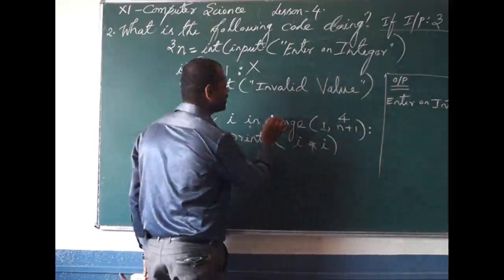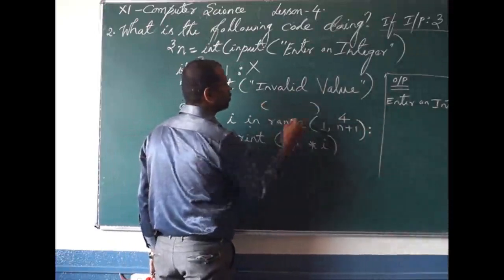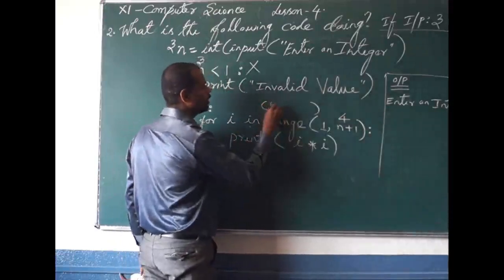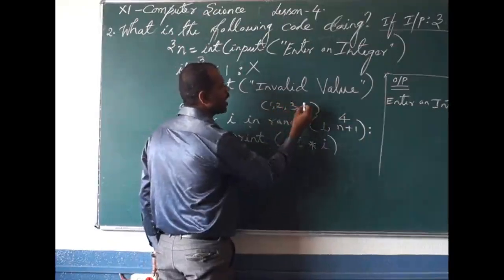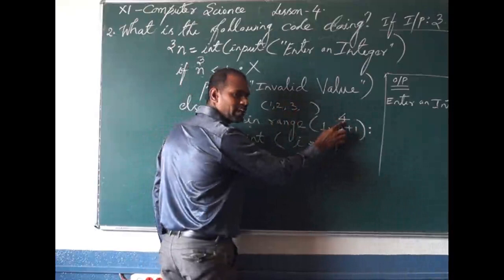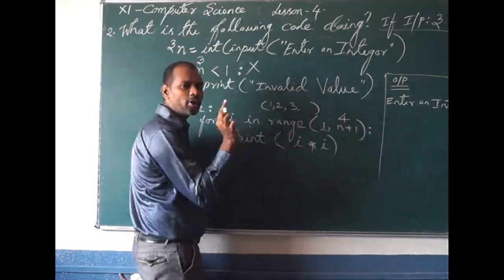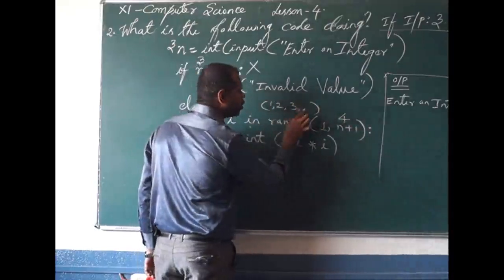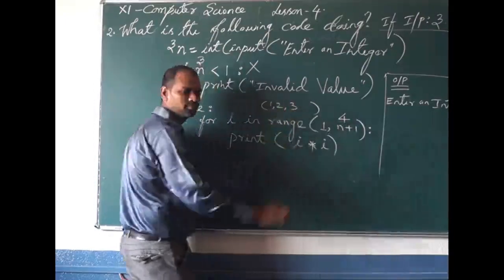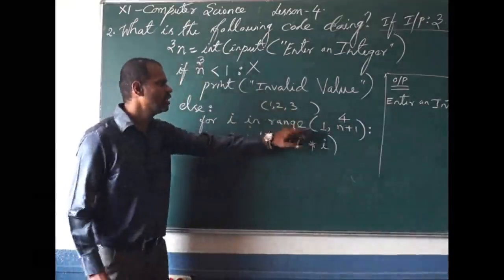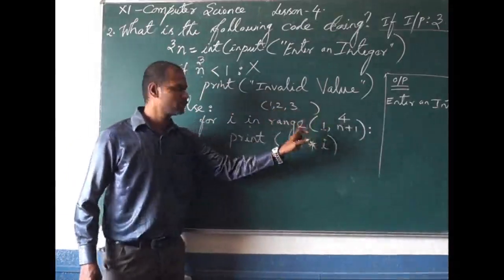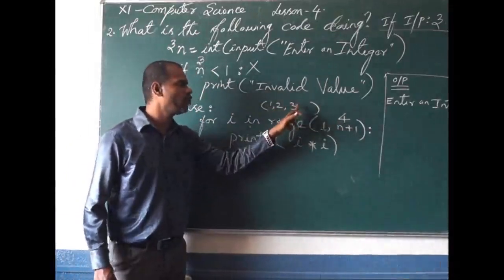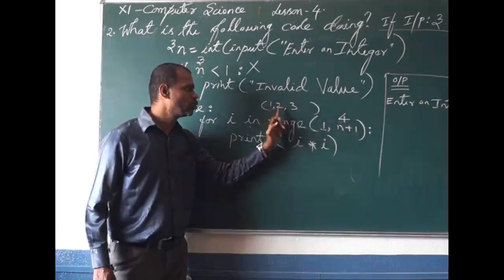So what is the range value? Starting with 1, then increasing by 1: 2, 3. Since the end is 4, you should not write 4, so only write 1, 2, 3. The range starts with 1 and ends before 4.